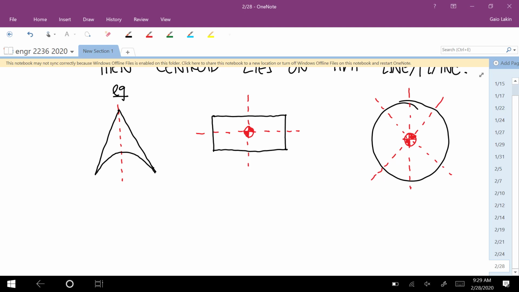And if you think of a sphere, instead of lines of symmetry, you can cut it with all these different planes, and it works out just the same way. Those planes, in all these different directions, all have one point in common right at the center, and so that has to be the centroid.